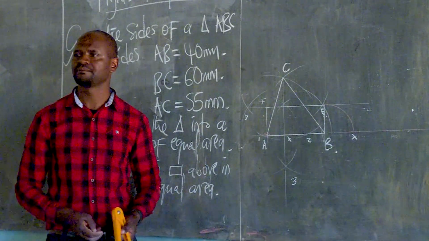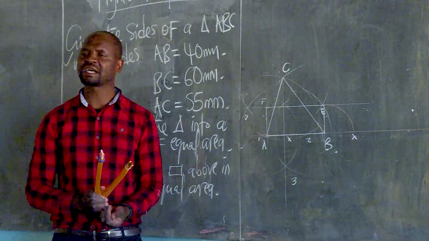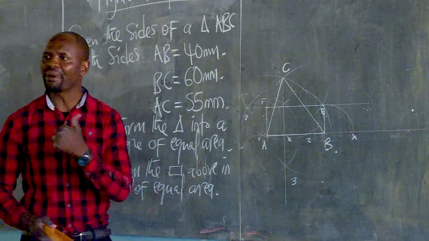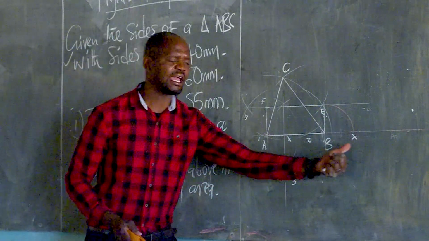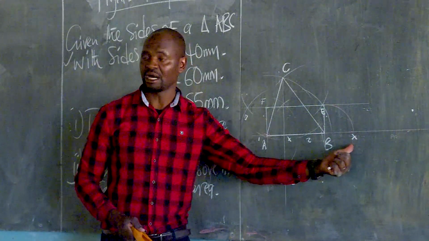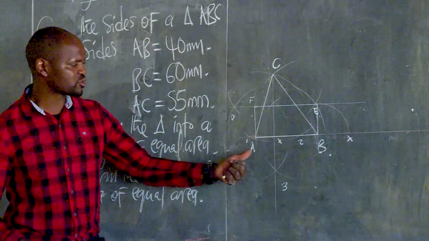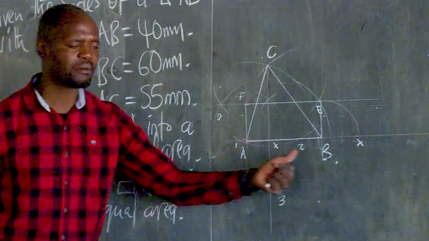Any concerns? No concerns? Then, if we are still together, what we are going to do is now to bisect the distance AX. Are we together? Yes, sir. We need to find the center between A and X, and not AB.